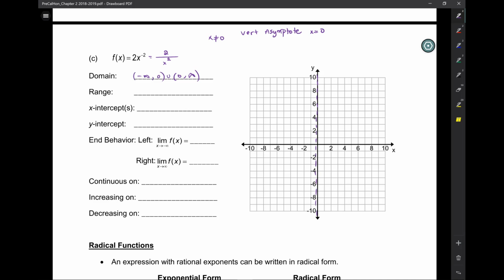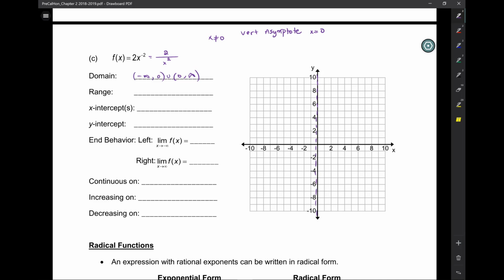If I plug in negative values of x, are my values going to be positive or negative? Positive, because they're going to be squared. So positive on the left, positive on the right. Is there a value of x that would make this function 0? No. So the y values can't be negative and they can't be 0, but I can get positive y values.